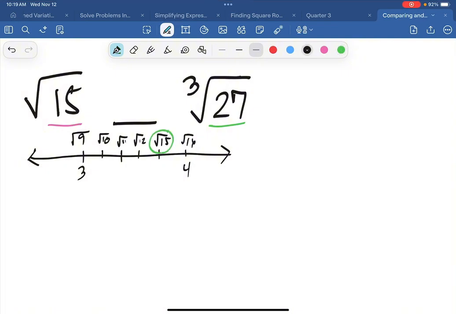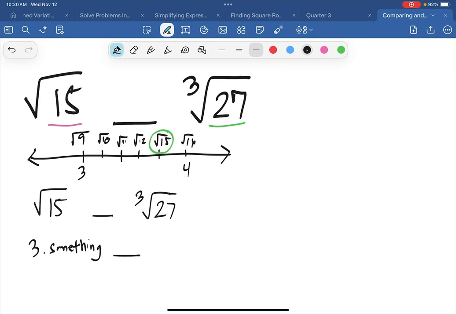Now, for the cube root of 27, regardless if we break this down or we try to apply illustration using the number line, it's your choice to do. But since we know that 27 is a perfect cube, we could just break this down. Again, we know for a fact that the square root of 15 has a value of 3 point something.